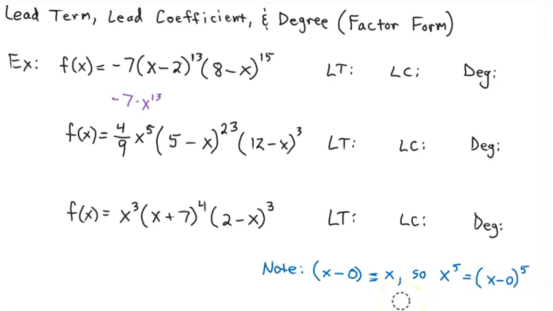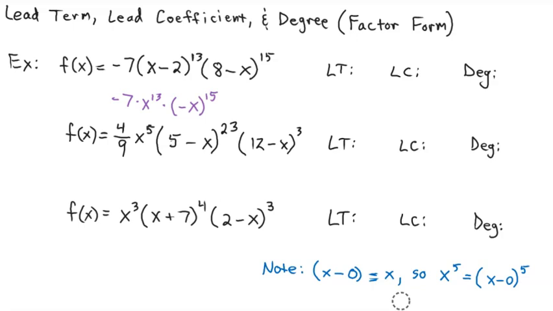Now you may say, well, what about this minus 2? The minus 2 doesn't matter. It's not going to be a part of the lead term. It'll be a part of another term, but not the lead term. So we don't have to worry about the minus 2s. We don't have to worry about any of the numbers that are inside these factors. Then we're going to take the x term, which by the way is negative x, and raise it to the 15th power. So we're going to have times negative x to the 15th power.